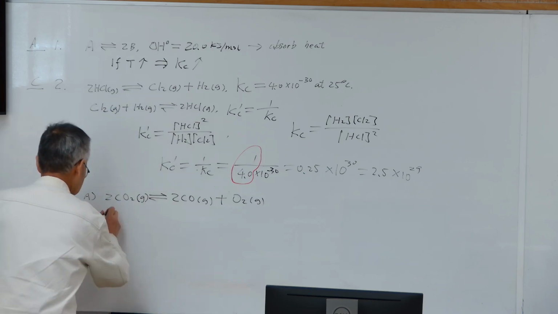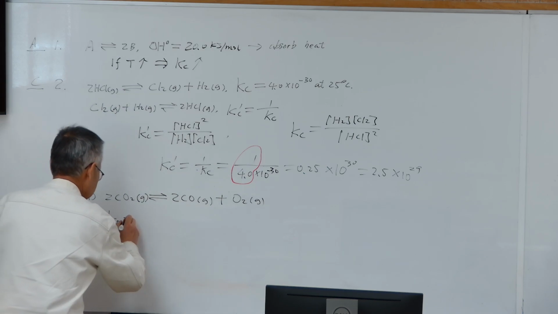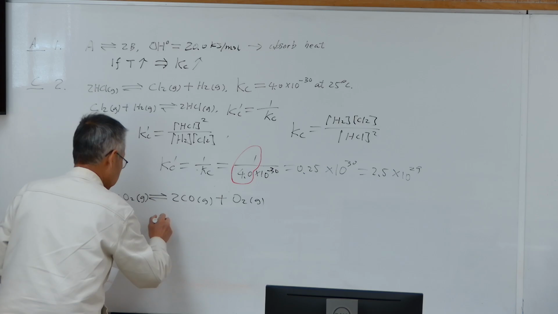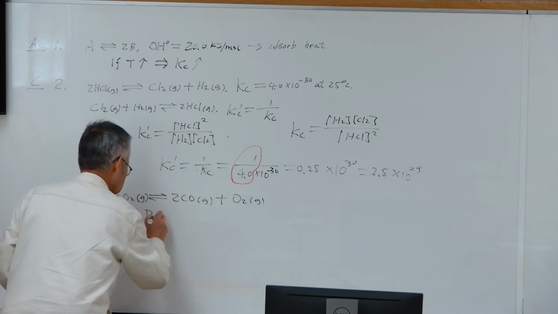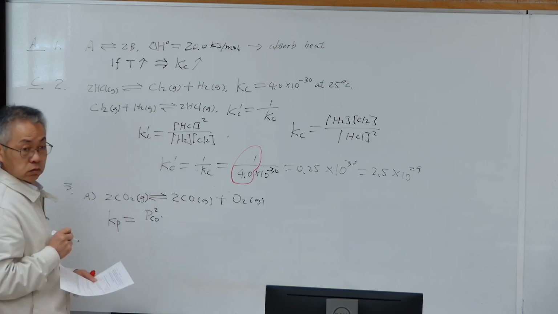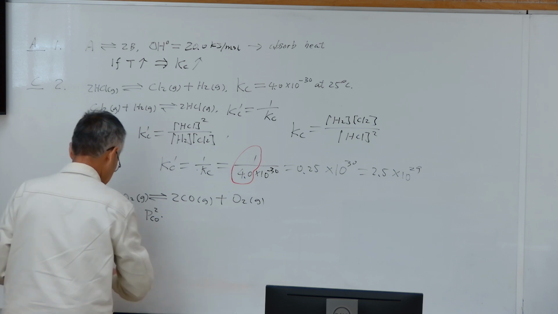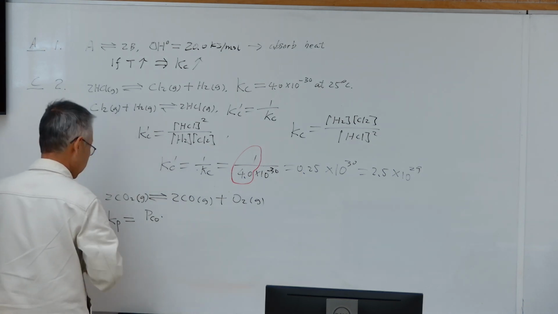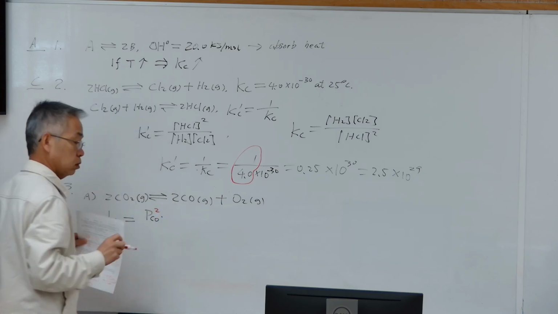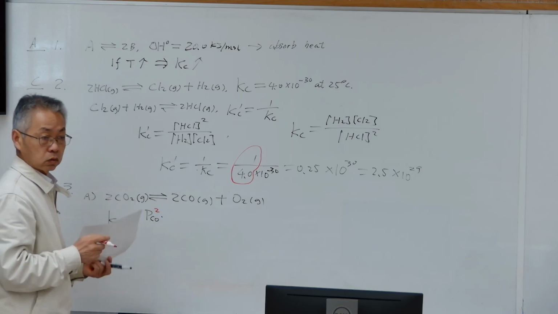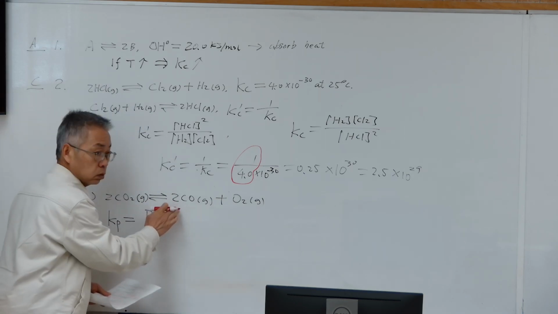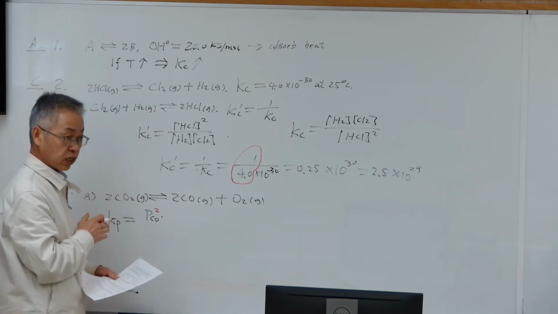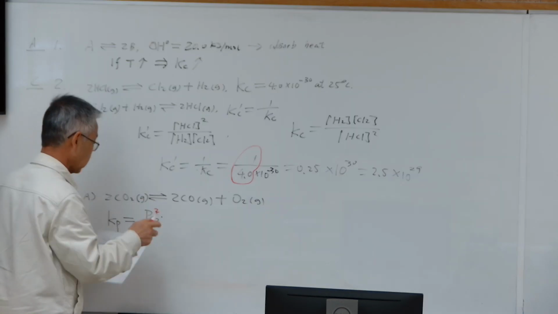Then this Kp has product on top. In order for you to be more clear, I labeled it with different colors. For the products you have CO with coefficient 2, so PCO raised to the 2. Why is this 2? The balanced equation tells you there are 2 CO, so raise it to the second power.